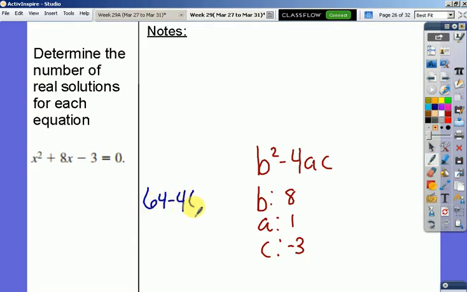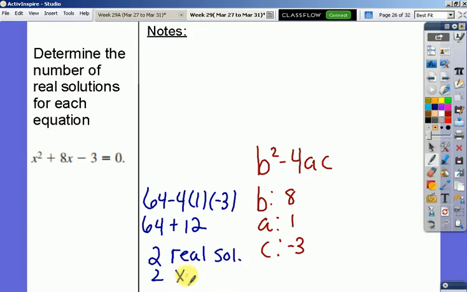Minus 4 times a times c. What does this end up being? 64. Negative and negative make a positive. So I have b squared minus 4ac, 64 plus 12. So how many solutions do I have? 2. I already know. I have two real solutions, therefore meaning how many x-intercepts? 2. Two real solutions, two x-intercepts.